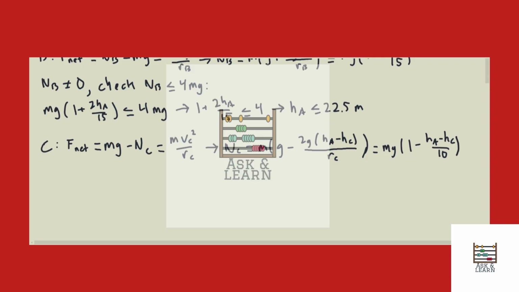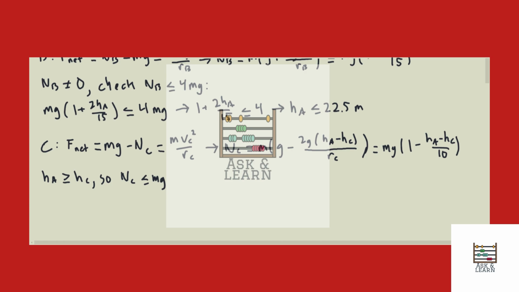And since the height A is greater than or equal to height C, according to our problem, the upper limit for normal force at C would be if h_A and h_C were equal, and then we could have a maximum of 1 g.